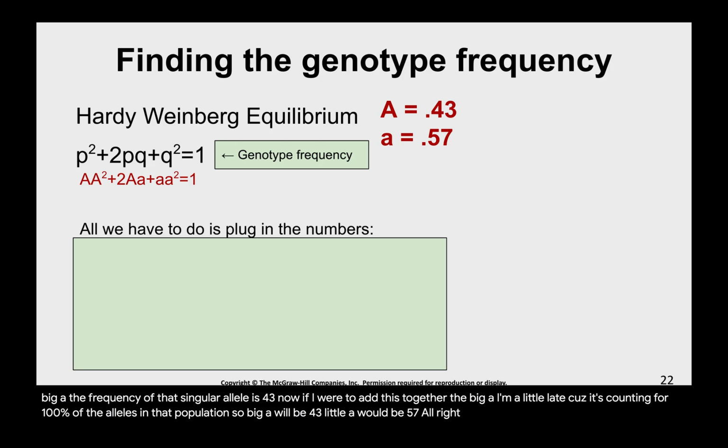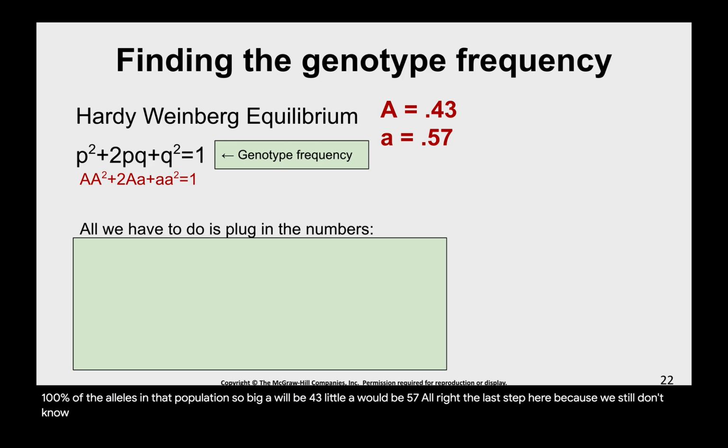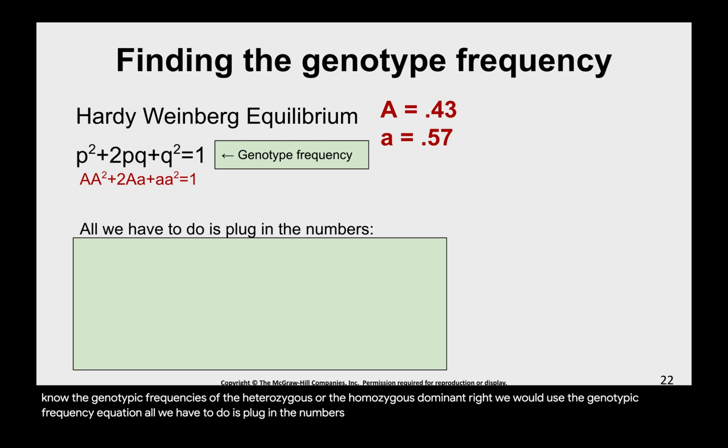The last step here, because we still don't know the genotypic frequencies of the heterozygote or the homozygous dominant, is to use the genotypic frequency equation and plug in the numbers. We know what big A is, we know what little a is.